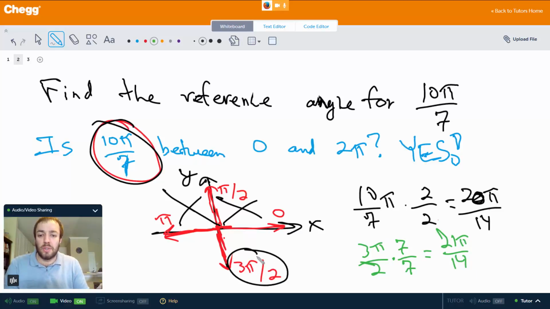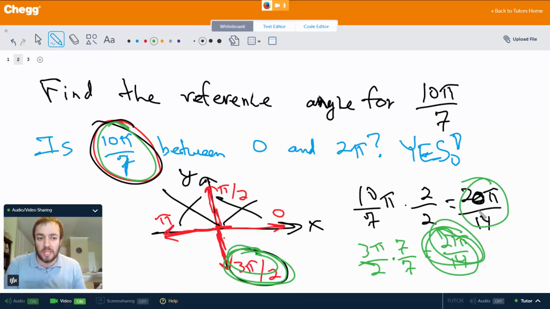So 3 pi over 2 is 21 pi over 14. The angle that we want is 20 pi over 14. So actually 10 pi over 7 is just ever so slightly less than 3 pi over 2. Because 10 pi over 7 is 20 pi over 14, 3 pi over 2 is 21 pi over 14. 21 pi over 14 is bigger than 20 pi over 14 because 21 is bigger than 20.